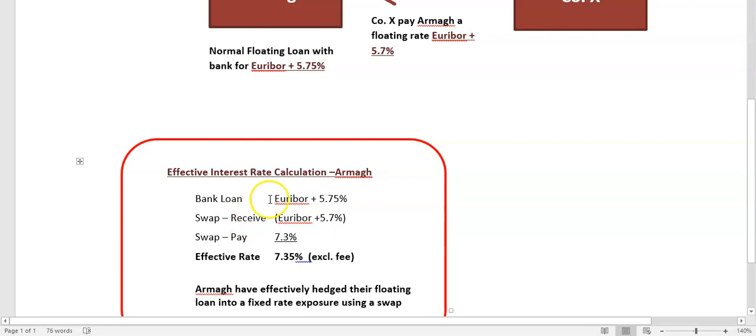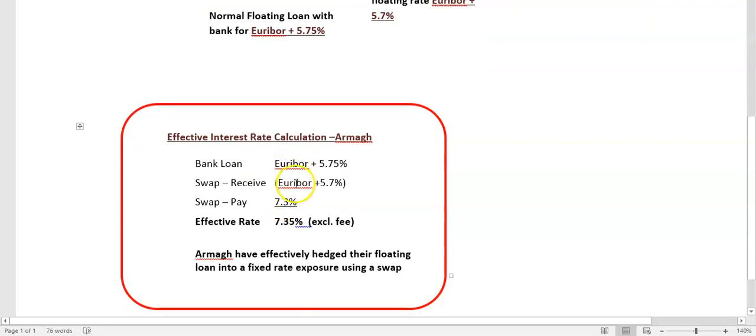So you can see what happens to the swap now. These two cancel, and you're left with a net payment of 0.05%. So you pay a net here, Euribor cancels with Euribor, 5.7 cancels the most of 5.75. So the net effective rate you're left with, excluding the fee, is 7.35%.